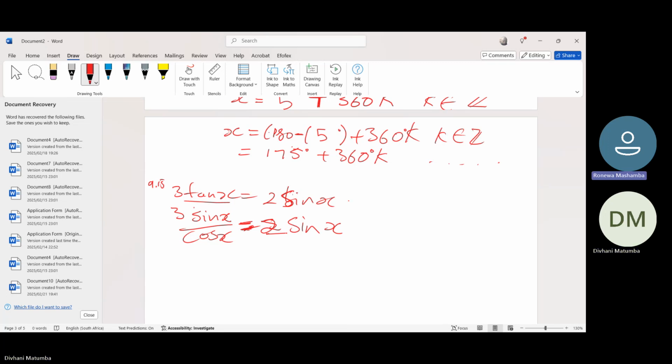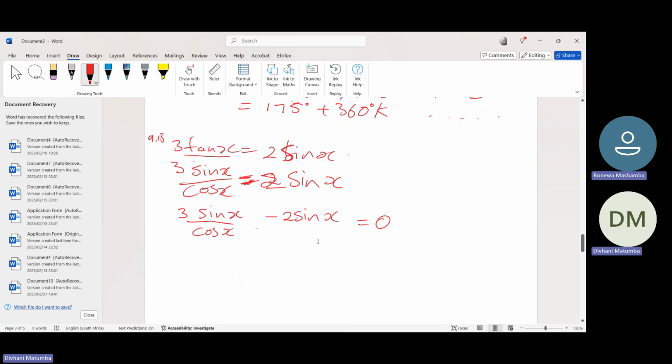So could we not just write it as 3 sine x minus 2 sine x. Or you want it to come to this side? No problem. Then no problem. Equals 0. Okay, from here, would we put it all over a common denominator, which is cos? Yeah, that works as well.